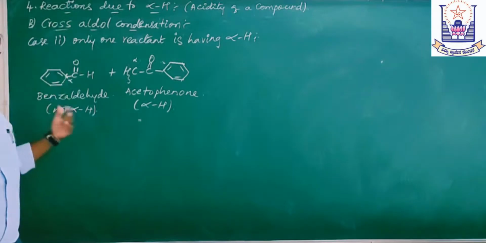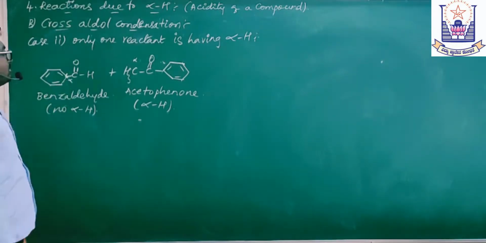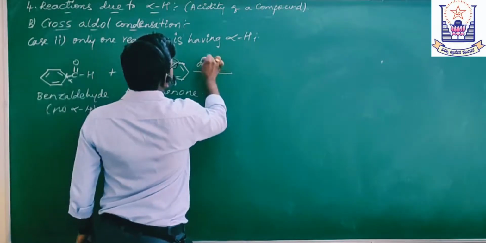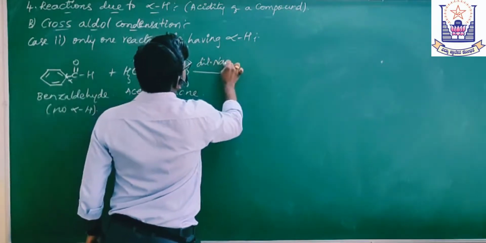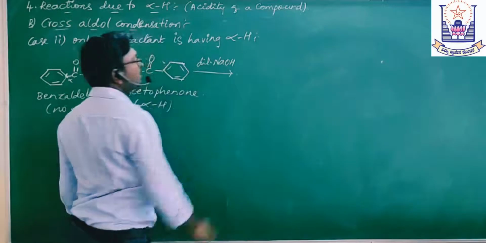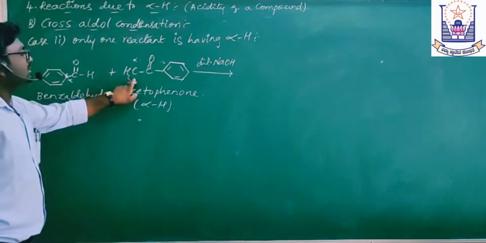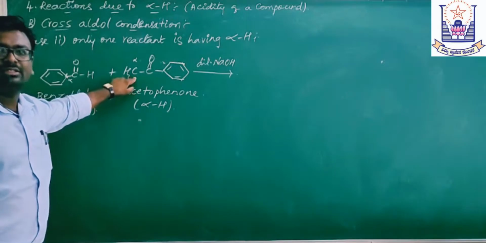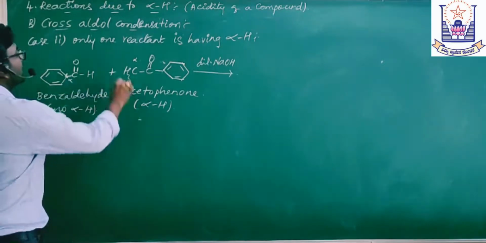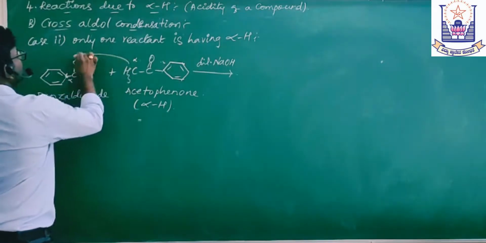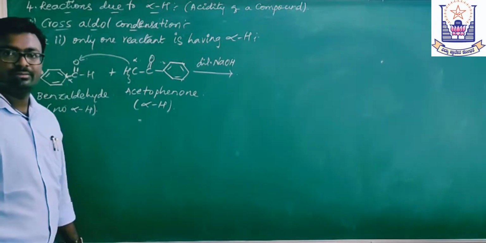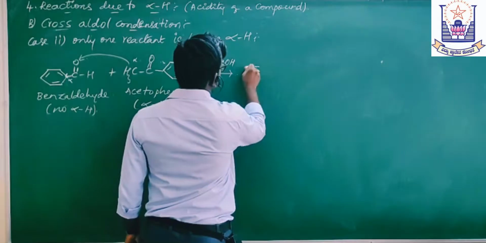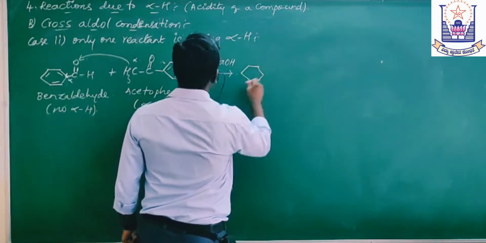Okay, now what happens? When it is subjected to the alkali, it starts showing its acidic character, meaning losing a proton. This hydrogen transfers onto this oxygen. Now we get an aldol like this.